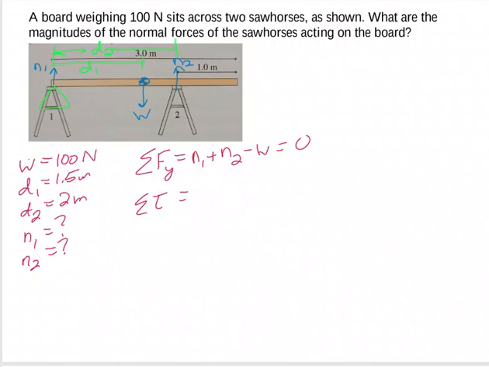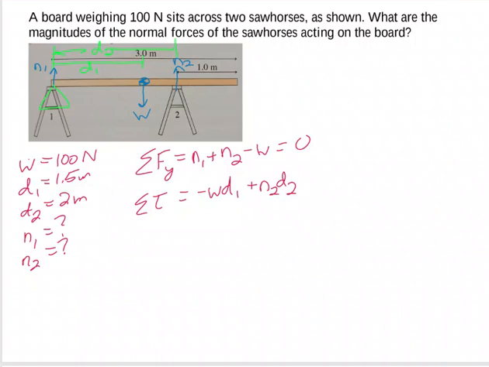It equals 0, yes, but what are the terms? It's going to be weight and N2. Is weight positive or negative? Negative, because it's trying to turn us clockwise. So negative weight times D1. Then positive N2, because N2 is trying to turn us counterclockwise, times D2.